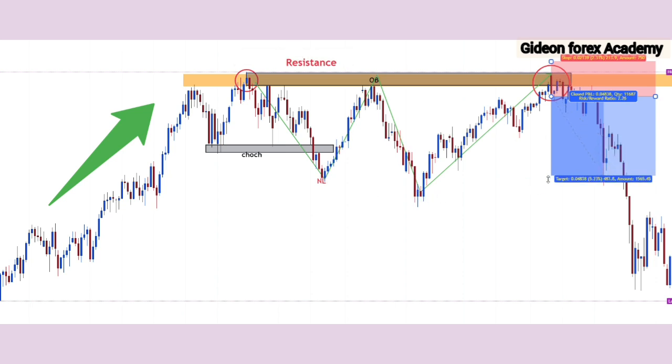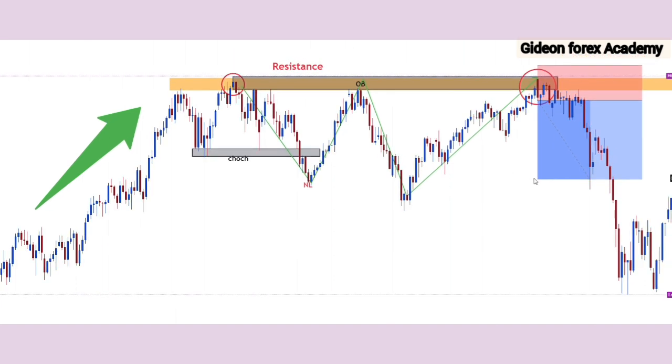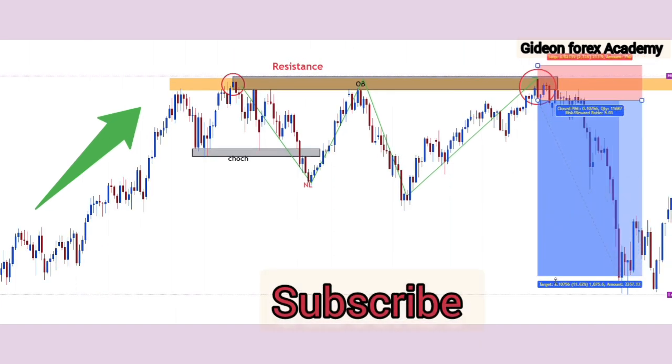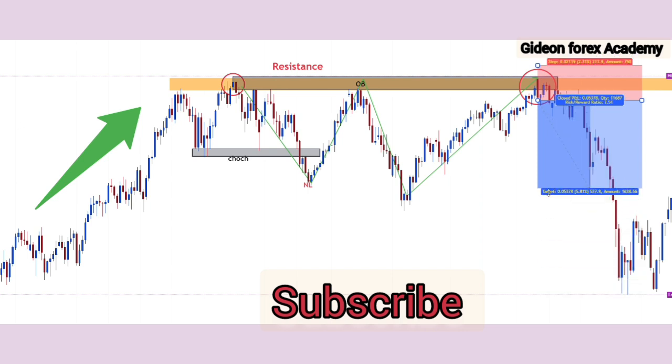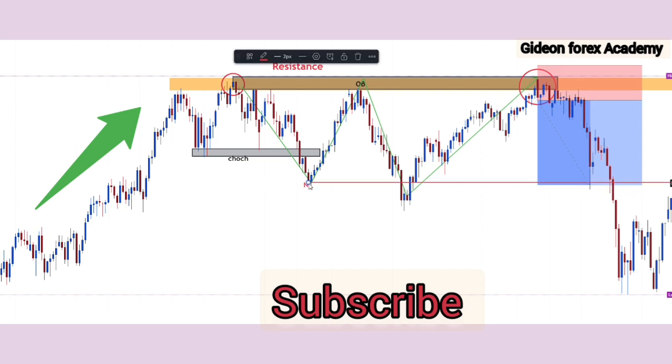I'll place my trades just like that, easily. You make a 1 to 2 risk to reward ratio and you are out. But as you can see, this even continued to a 1 to 5 risk to reward ratio. But our initial target would be our new low, and you make a clean 1 to 2 risk to reward ratio in this case.